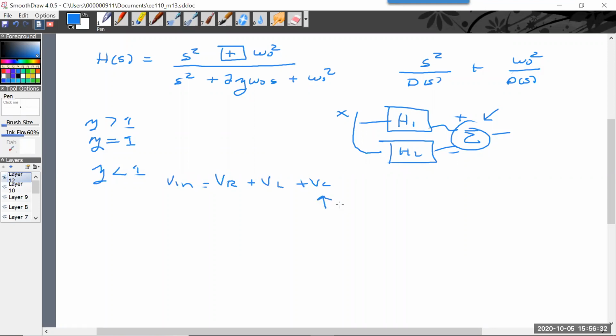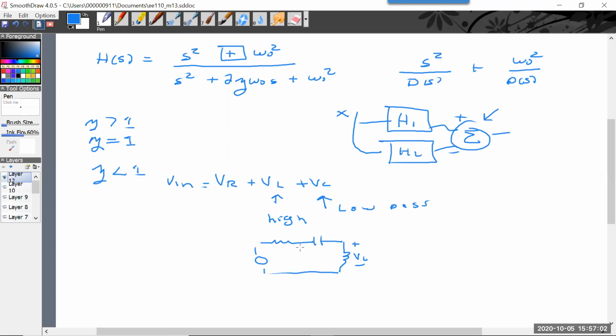And in fact, VC, we already showed, was the low pass. What I didn't really show was that VL is the high pass, right? And all I'd have to do is switch those terms. And that would become a high pass filter.